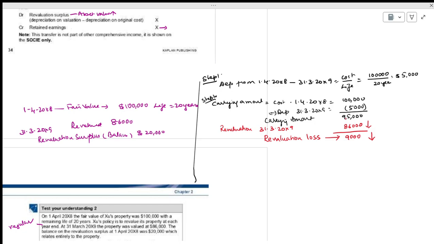Now, what do we have to show in the income statement? Step 3, extract of the income statement, profit and loss account.